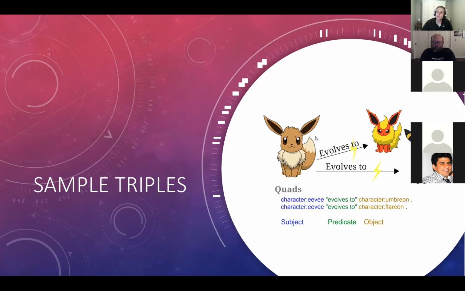And notice, and we'll talk about this more in a second, the subject is this starting place. The predicate is on the line that goes to another piece of information, and that's called the object. So you kind of see this graph forming between the subject, the predicate, and the object.